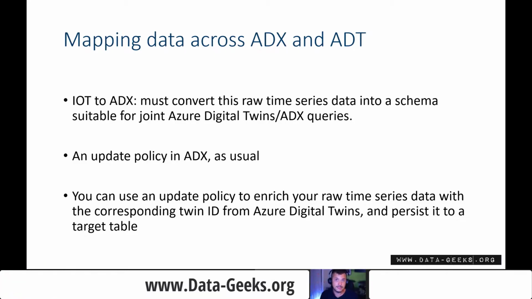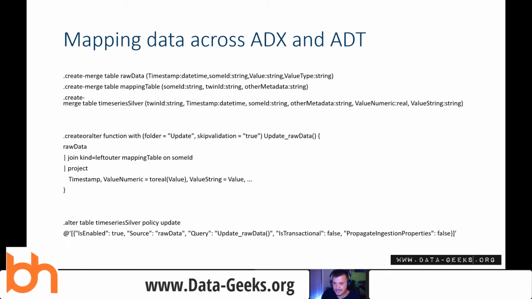Use the update policy to bridge the two services using a query in order to retrieve the digital twin ID, and enrich the raw data with the ID. After that, you can join the data from digital twin to ADX in order to update, for example, even Azure Digital Twin. This is only an example, okay?